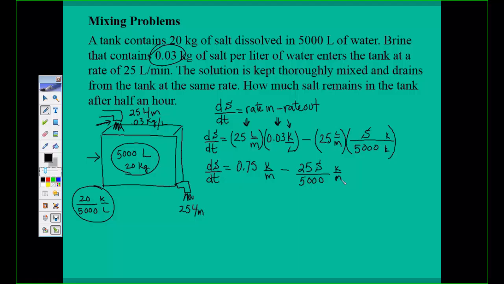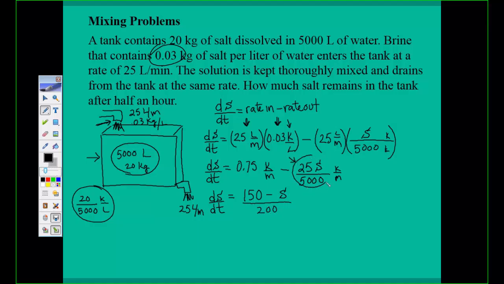And we can simplify this. We could reduce here and get our common denominator. So if we reduce and find our common denominator, we would have 150 minus our S, and I'm not putting S of t, it would be the amount of salt as a function of time, but I'm just going to leave it as S, all divided by 200.